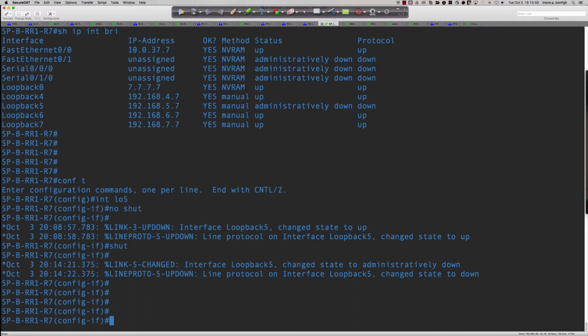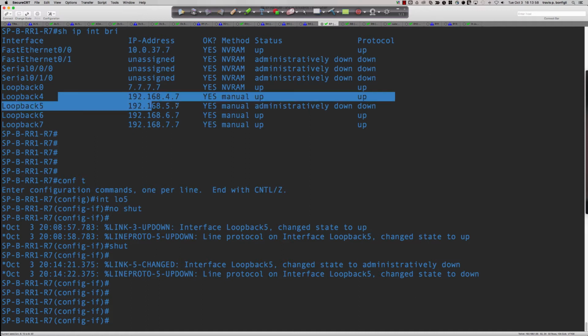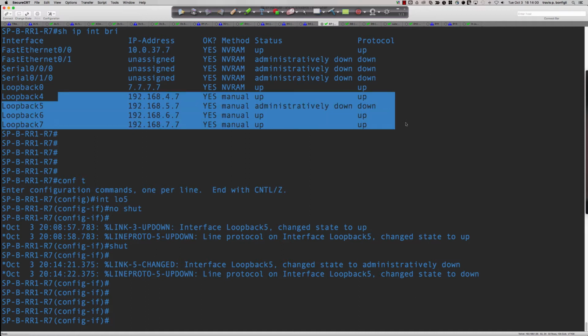With distance vector, this is one of the advantages with distance vector. I could summarize these addresses on any router that's getting these 4 individual loopback addresses. So I could perform the summary on router 7, who's the owner, the originator. I could perform the summary on router 3, who's receiving these 4 individual networks.